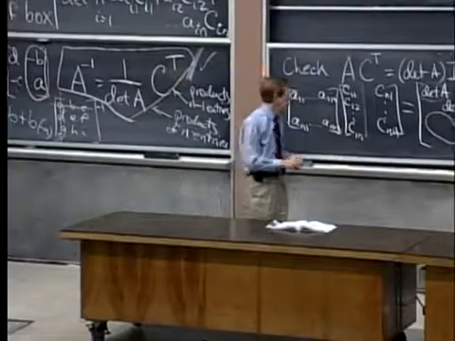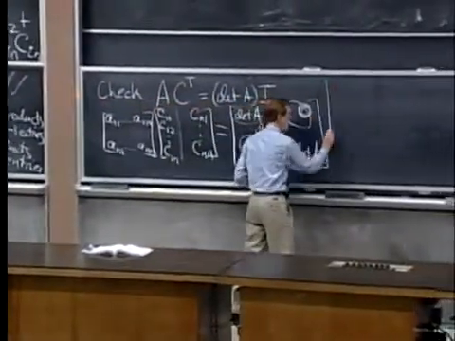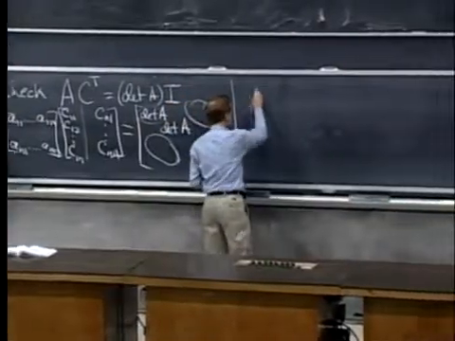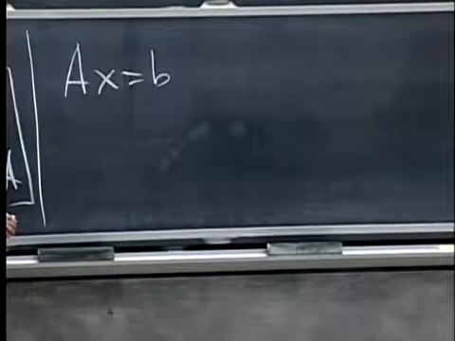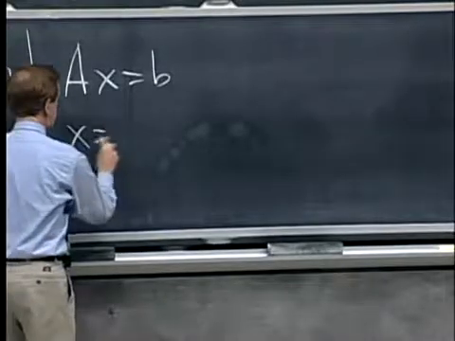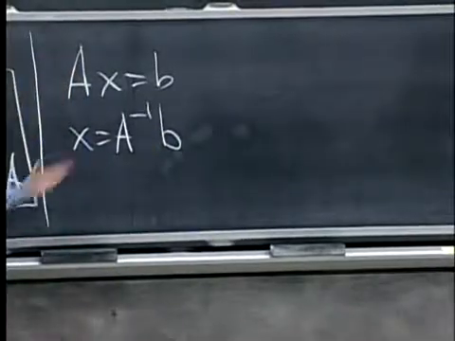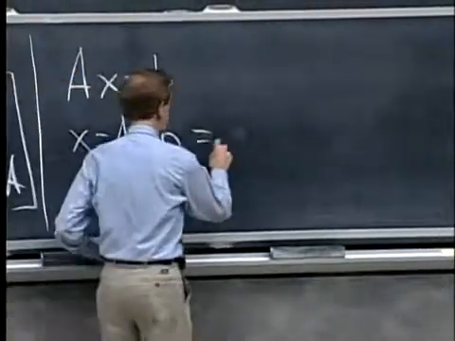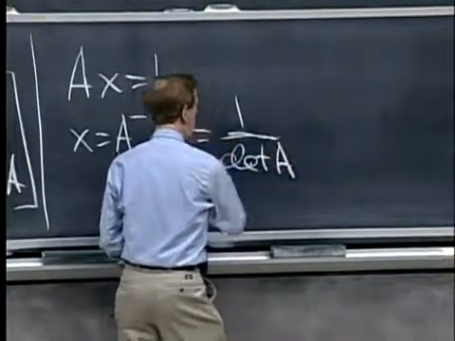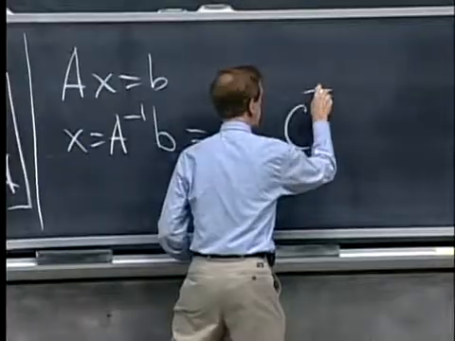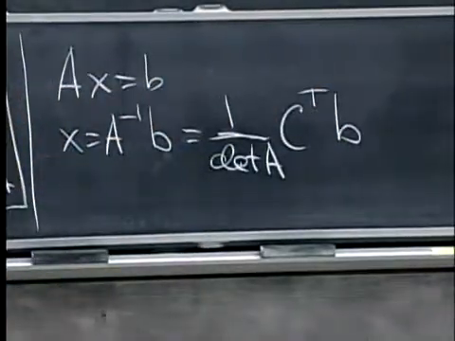Now, my second application is to AX equal B. Of course, the solution is A inverse B. But now I have a formula for A inverse. A inverse is 1 over the determinant times this C transpose, times B. I now know what A inverse is.